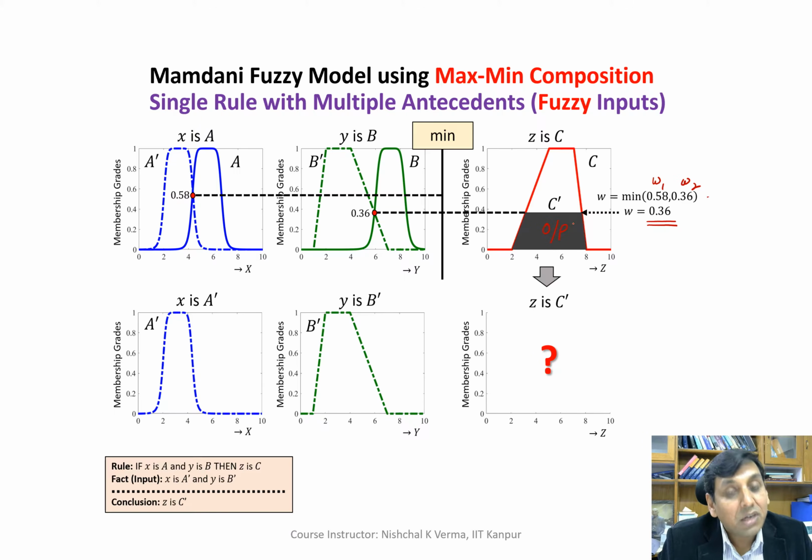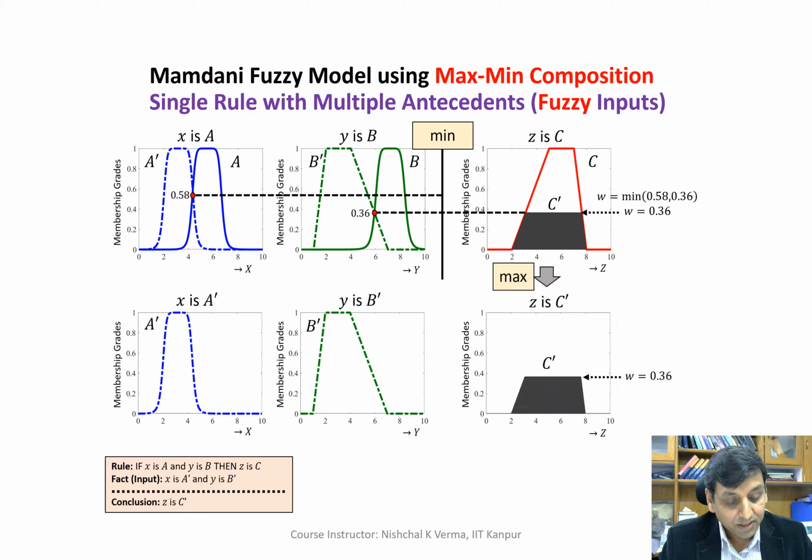If we had multiple rules, which we will see in coming slides, then we would have taken the max of all these. We would have aggregated the outputs of all the rules. Since we have only a single rule, this becomes the output corresponding to the inputs X is equal to A dash and Y is equal to B dash, connected with AND.